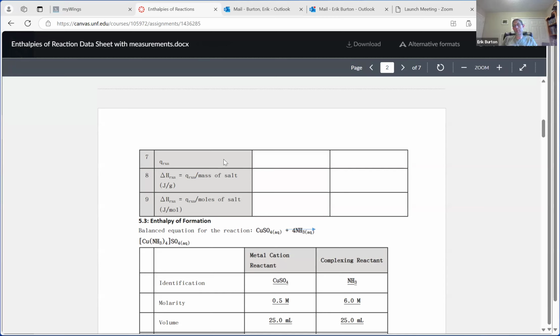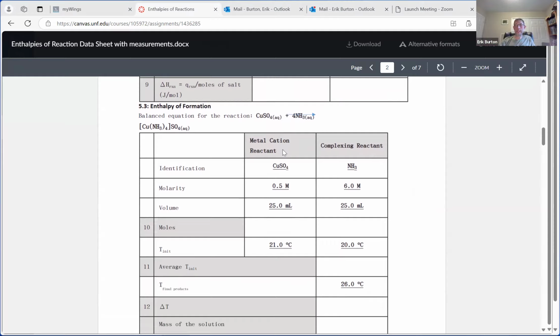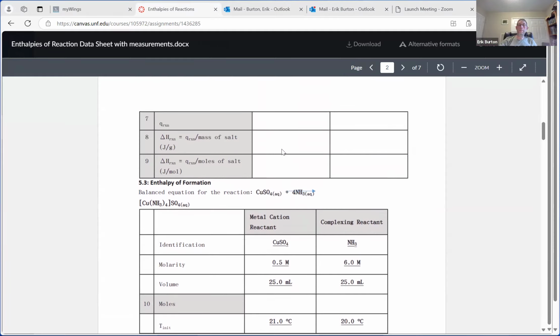It'll become a negative when you bring it over to the left of the equal sign. And then add the other two together, the Q of the solution and Q of the calorimeter, and change the sign. If it's negative, make it a positive, and if it's positive, make it negative. And that gives you your Q of the reaction.